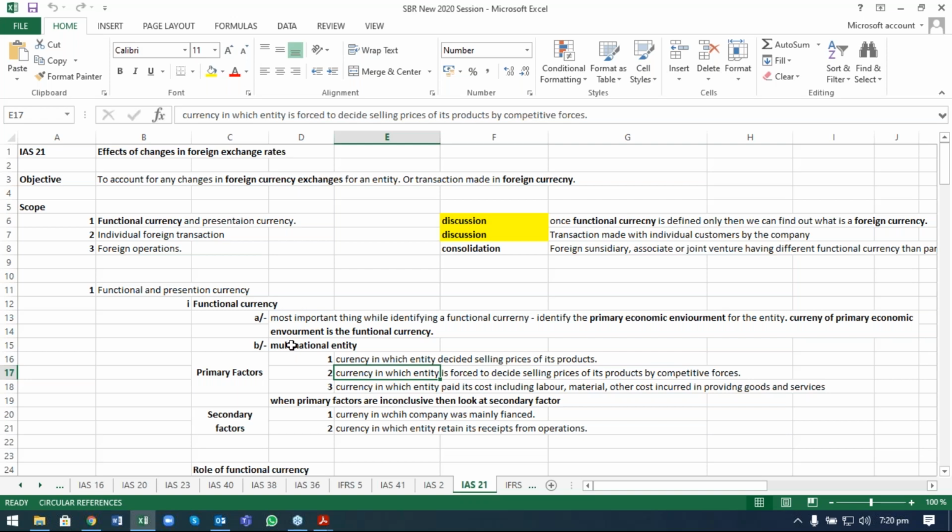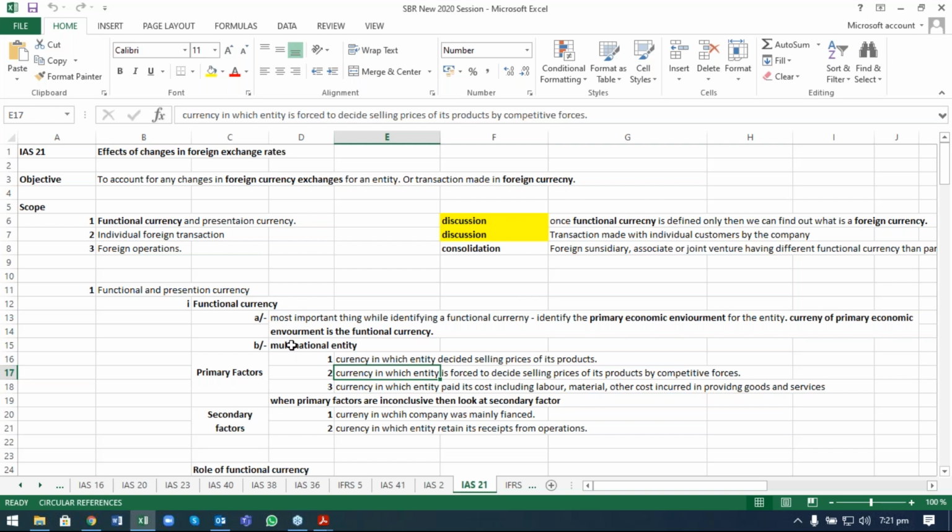If the company is not able to decide the selling price of its products in any currency, it decides its selling prices for different jurisdictions, different primary economic environments, based on the selling prices of its main competitors within that economic environment. So the functional currency would be the currency in which the entity is forced to decide its selling prices by competitive forces.